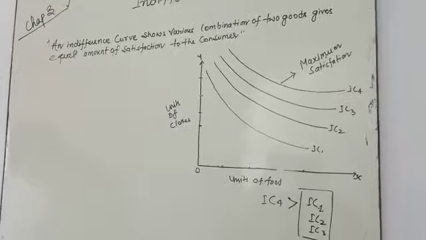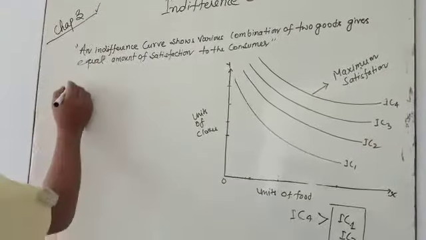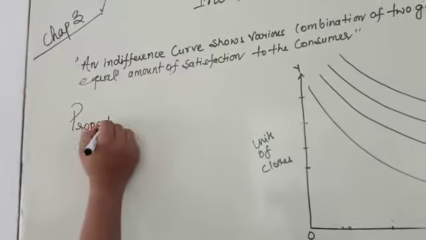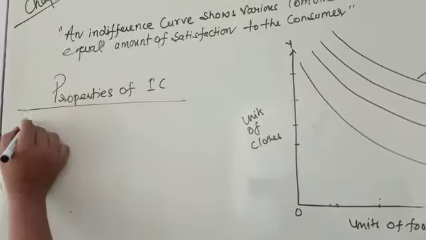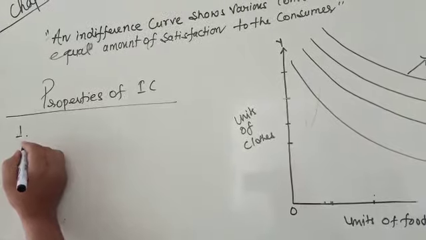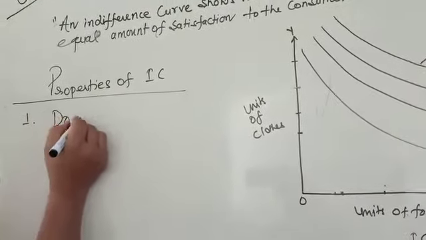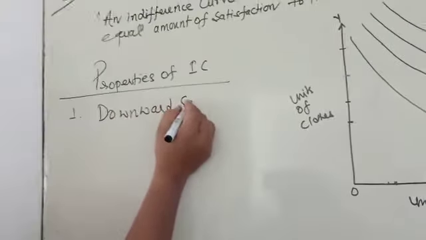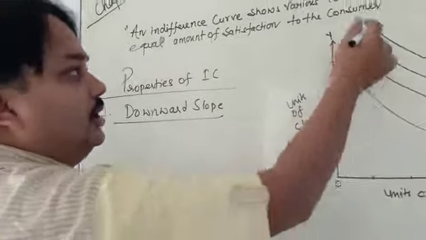So you have to mention the indifference curve properties. It is very important for the examination. Properties of IC. IC means IC curve. The first property is that it has a downward slope, left to right.